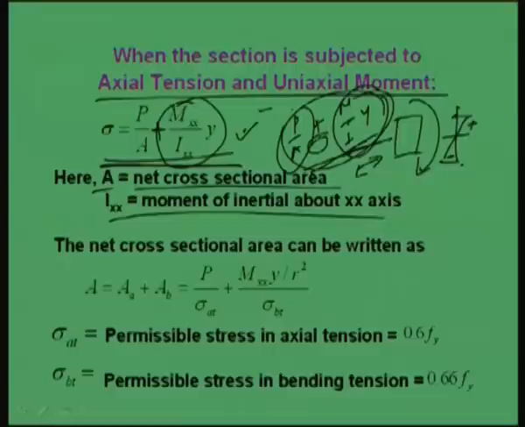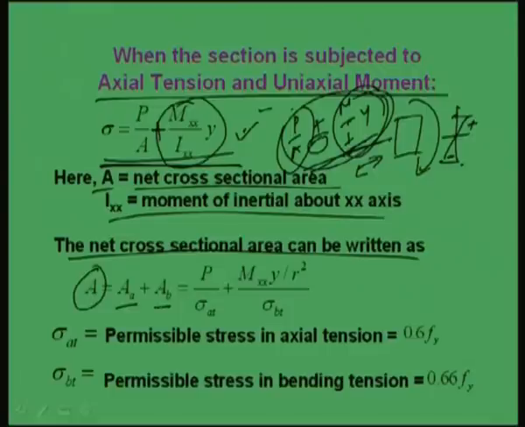Now we can write the net cross sectional area A as AA plus AB, where AA is the area required due to the axial force and AB is the area required due to the bending moment.